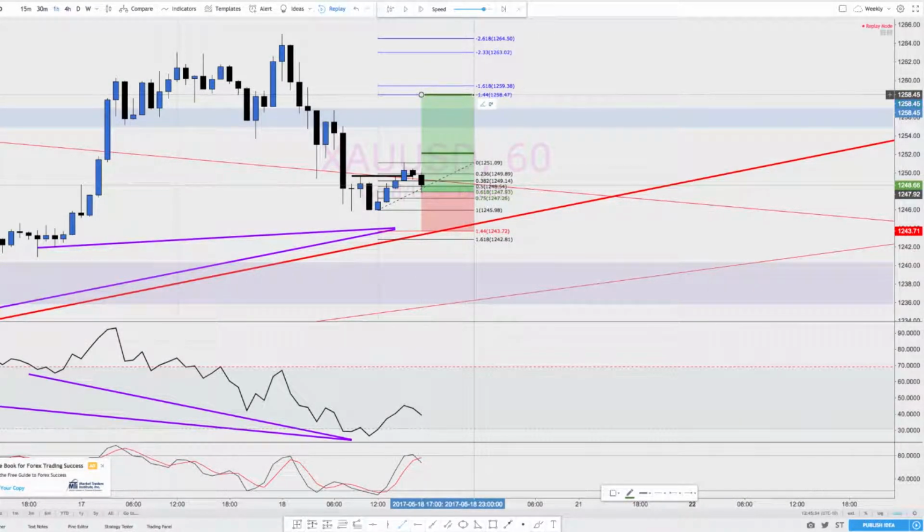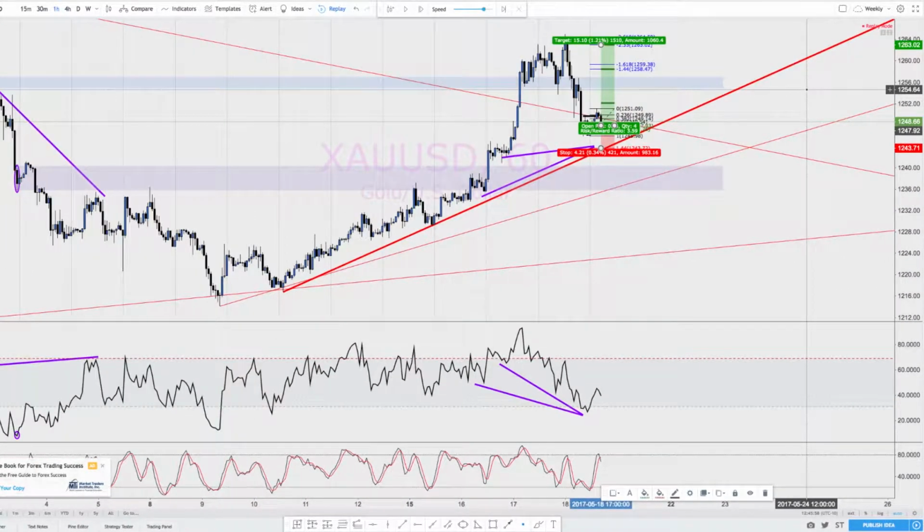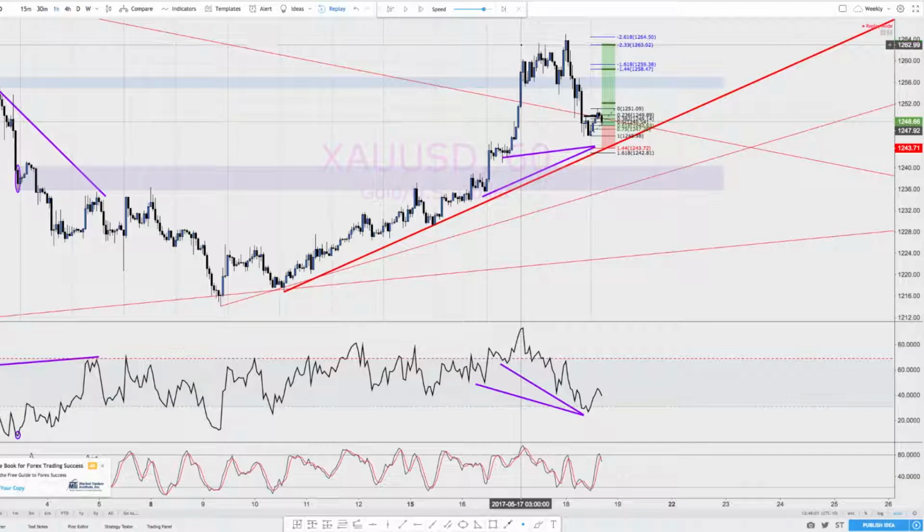Take profit 3 comes in at my 233 fib. And we'll monitor the trade to see if we're going to put our break-even stops in. Okay, that looks good. The 233 comes in at this swing high, right at the structure level. We could go to 2618, but I'll stick with the 233 here.